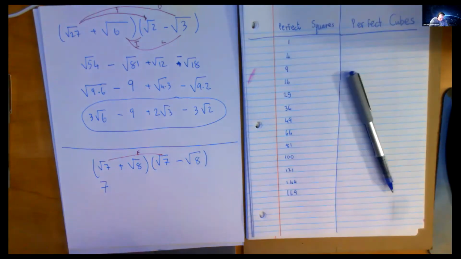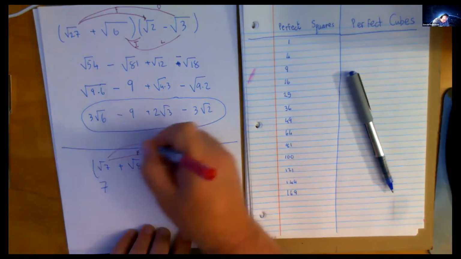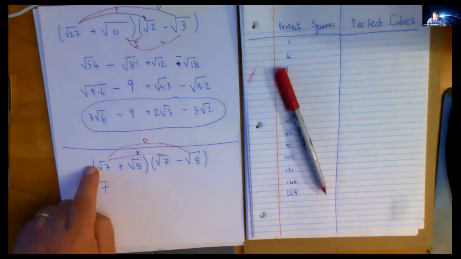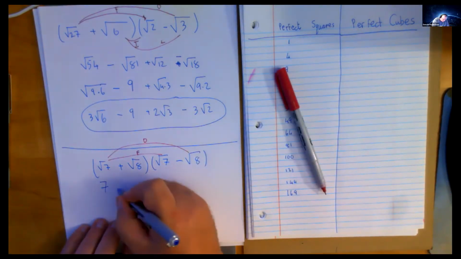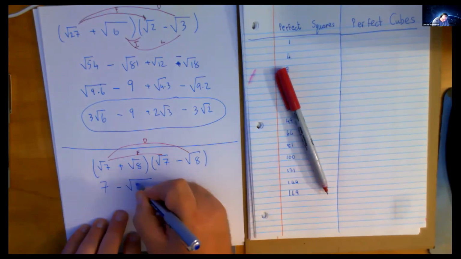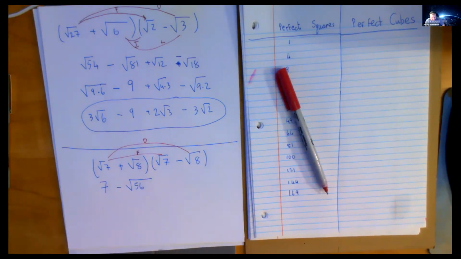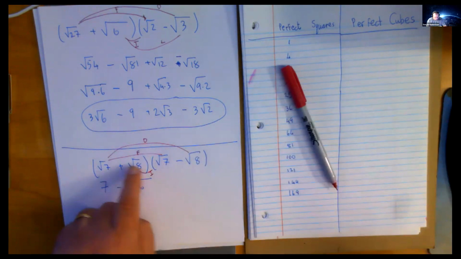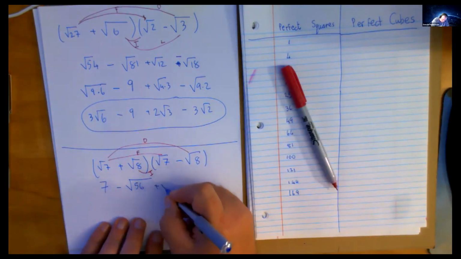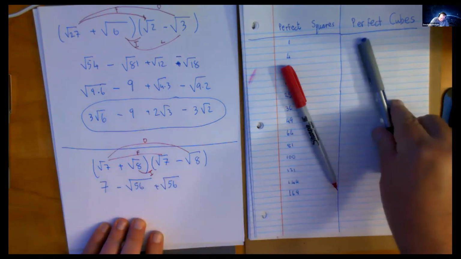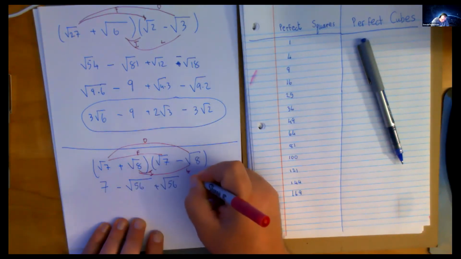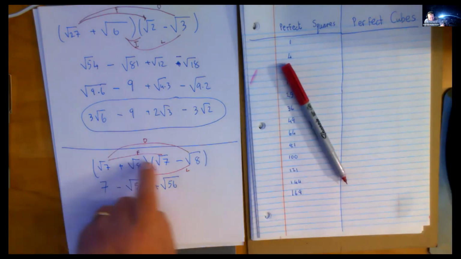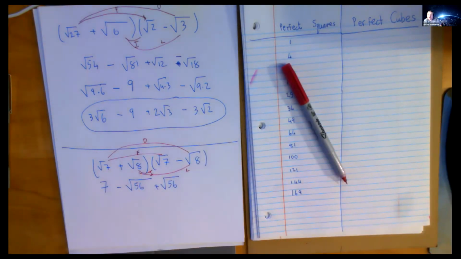Now, if you do the outside, the square root of 7 times negative that is take away the square root of 56. When you do the inside, isn't square root of 8 and square root of 7, this time positive, the square root of 56? And then the last two, square root of 8 times negative the square root of 8. Doesn't that end up being negative the square root of 64, which is negative 8?